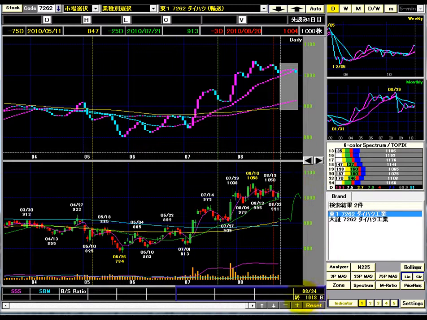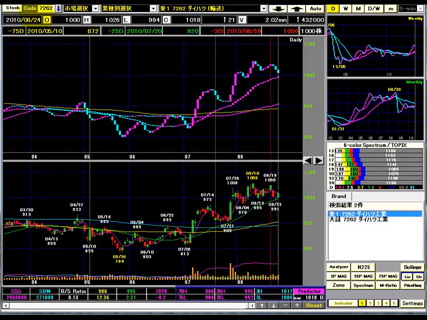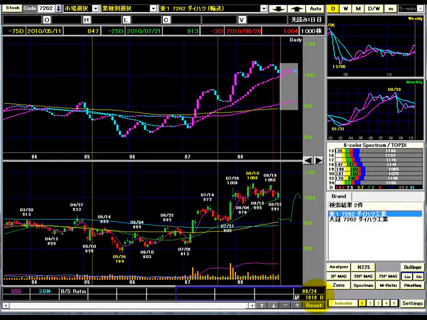There is a share price showing here, but this is from August 24, which is today's closing price. If we go back, you can see August 24 here, which is actually today's date, 1018 for the closing. When we go here, that is just showing as a reference, 1018 being the most recent closing price that we have.